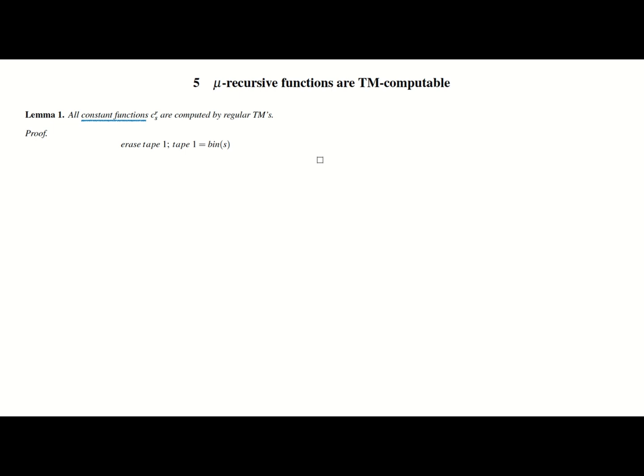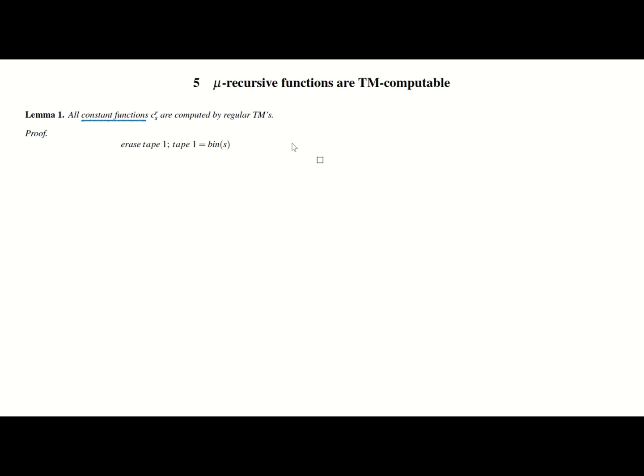Then I have to show that if I have a Turing machine that computes some functions, and another function is defined as a primitive recursion of previous functions, then this is also Turing computable. And the third one, I have to show that if I have a function which is computable by a Turing machine, and I have a new function which is a minimization of this function, then that new function should also be Turing machine computable. So if I prove this, however many things I listed, I will be done.